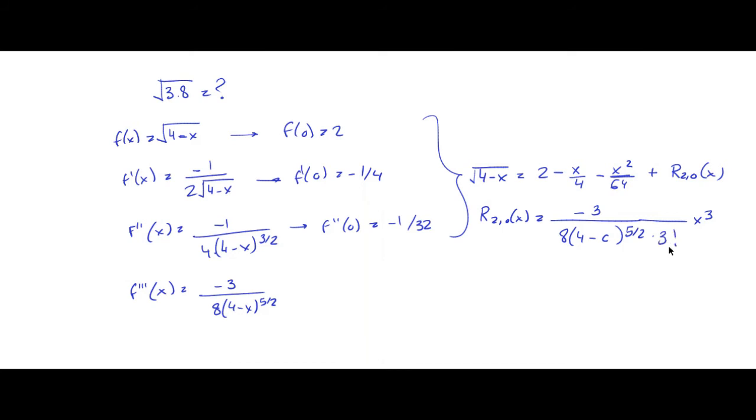But then the 3 and 3 go out, and then you have 2 multiplying 8 here, so you have minus 1 and then 16 here. Okay, this is our error that we're making.